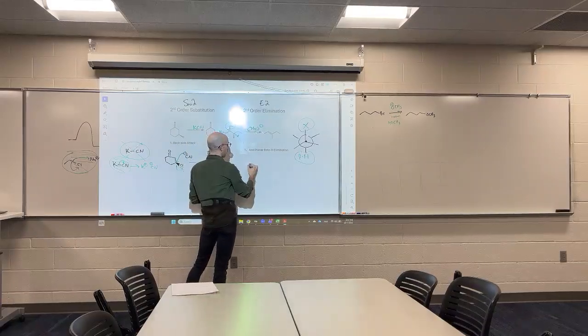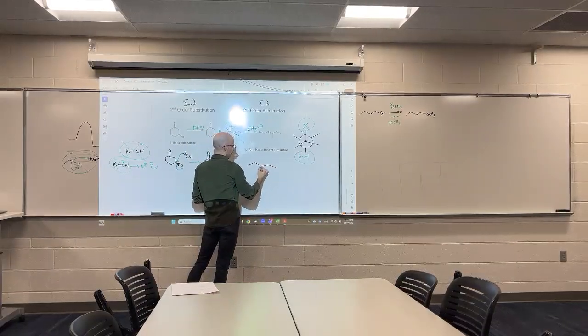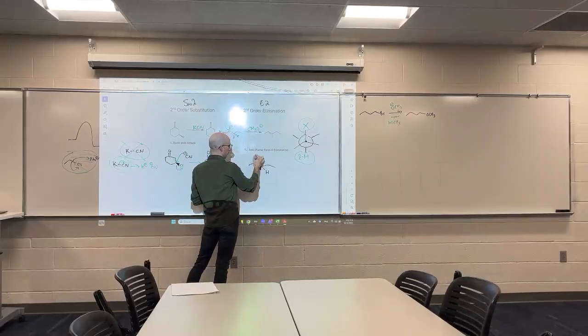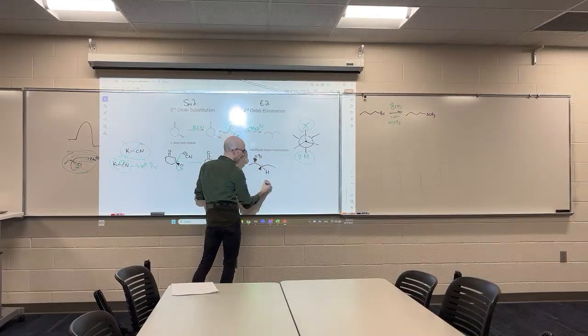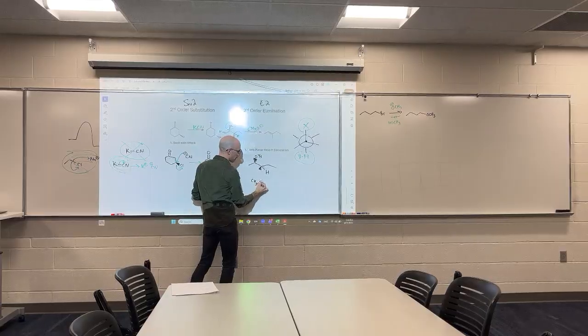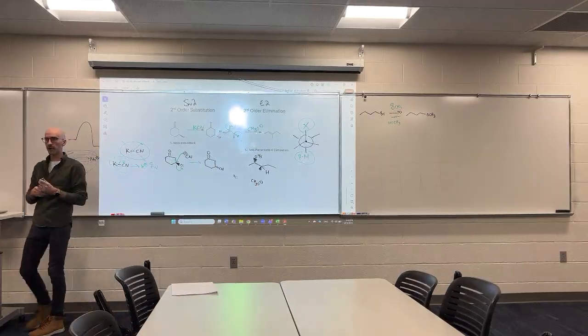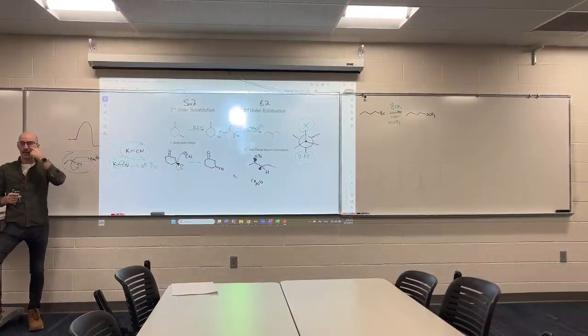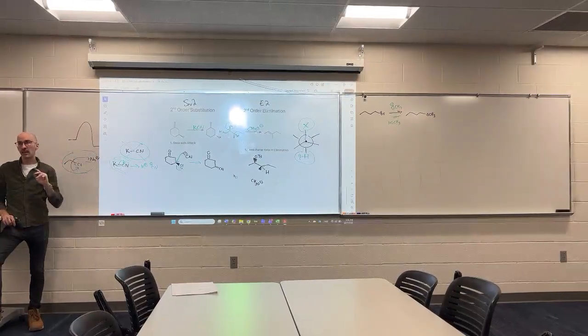And for our mechanism, there are three arrows that are needed. I need to form a bond between base and acid, break a bond between C and H, form a double bond between C and C, and break a bond between C and OTs.